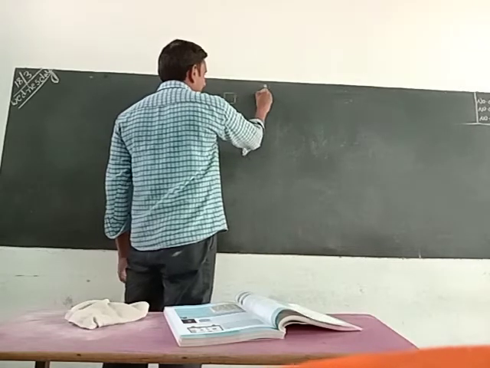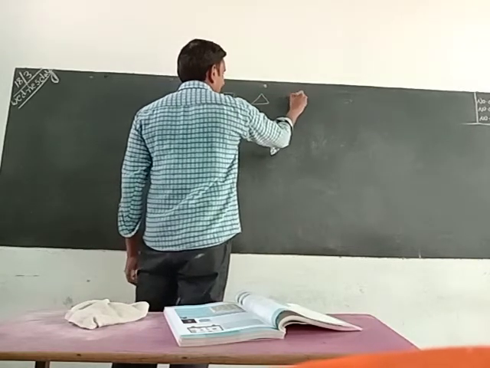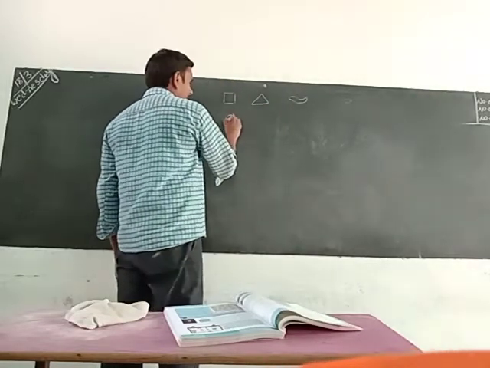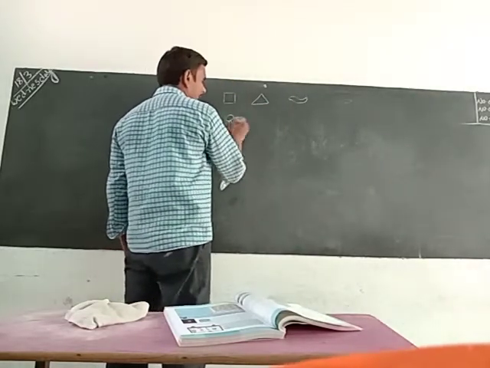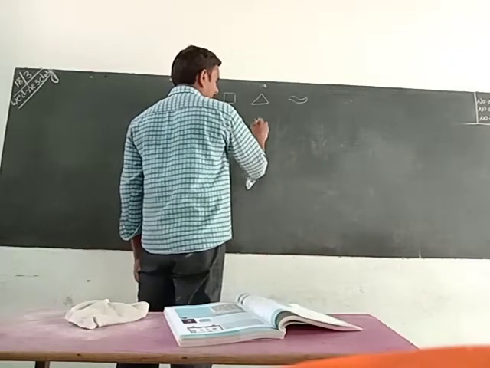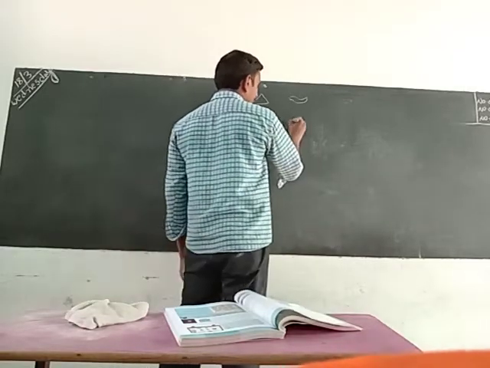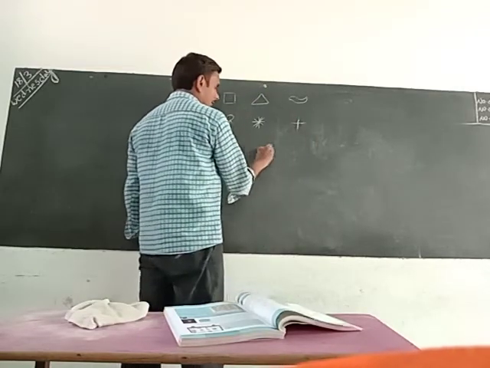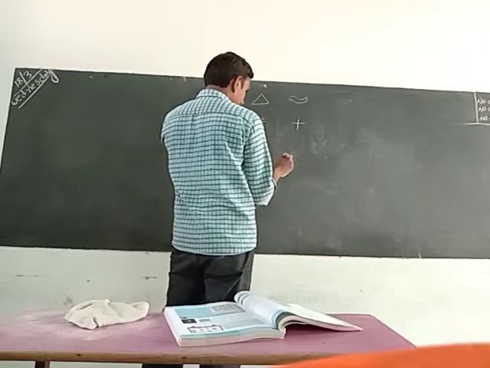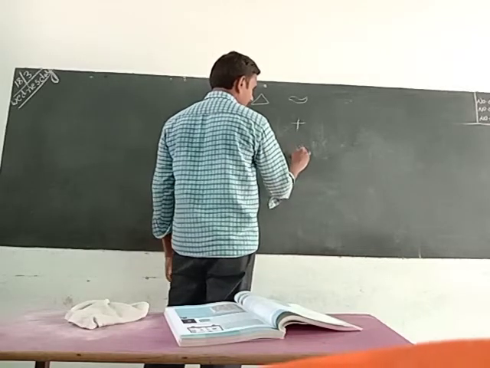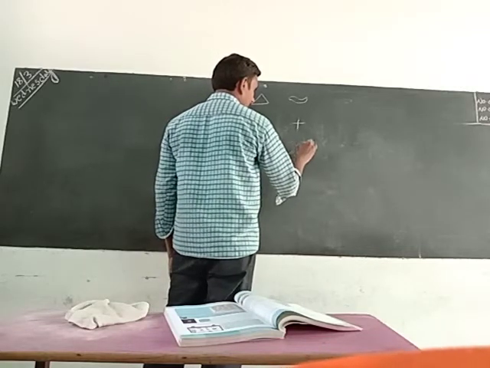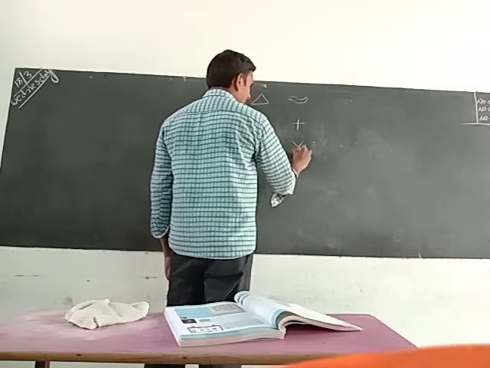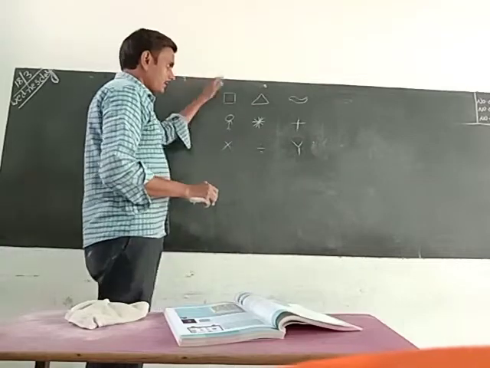One rectangle here, a triangle, one tilde symbol, and here a man picture, a star picture, plus symbol, multiply symbol, division symbol, letter Y. Like this I take 9 symbols.